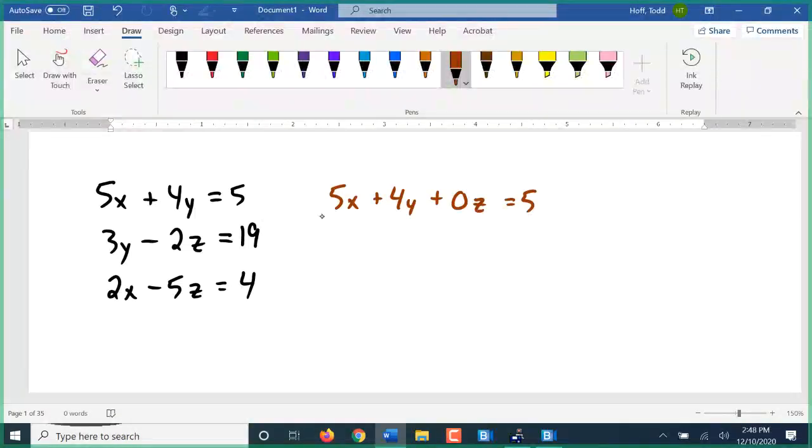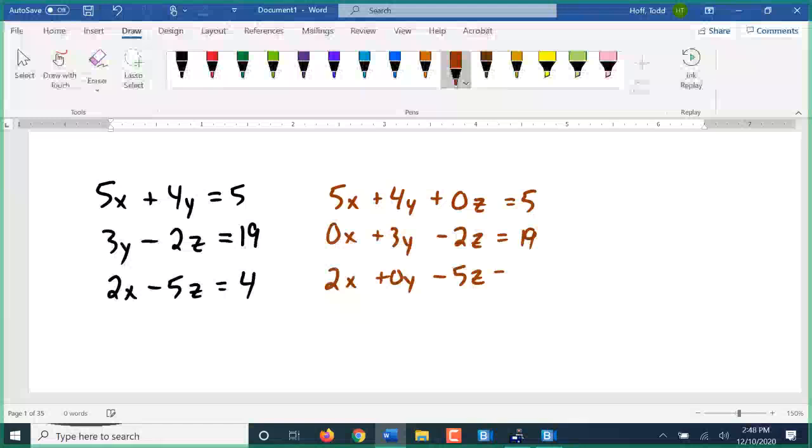Next one, there's no x, so put in 0x plus 3y minus 2z equals 19. Next one we have 2x, but there's no y, so plus 0y minus 5z equals 4. And now we can do our matrices.